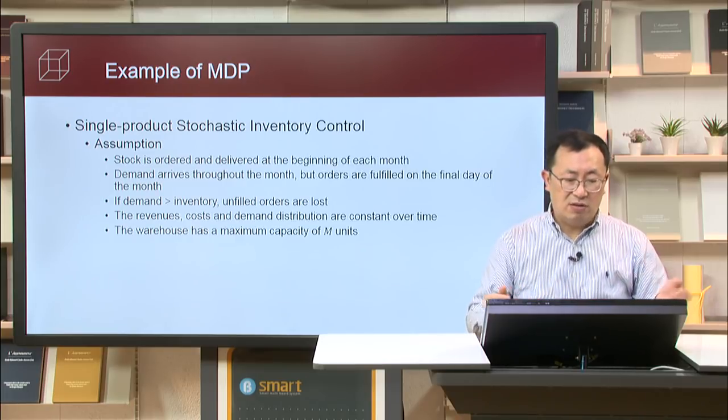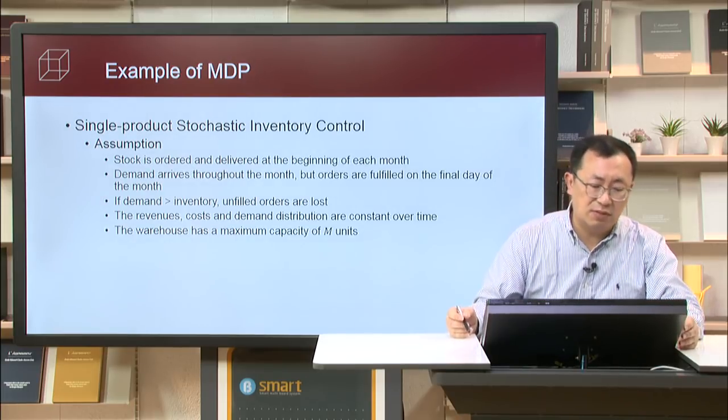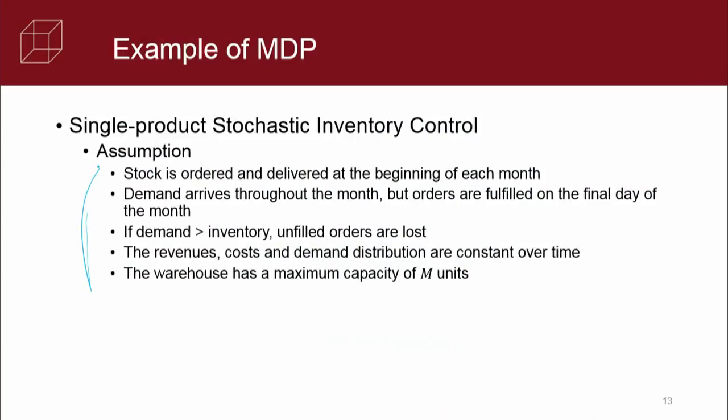So here are several assumptions of this problem. Stock is ordered and delivered at the beginning of each month. Demand arrives throughout the month, but the orders are fulfilled on the final day of the month, for simple calculations.